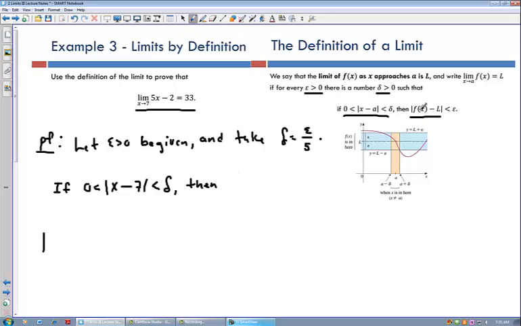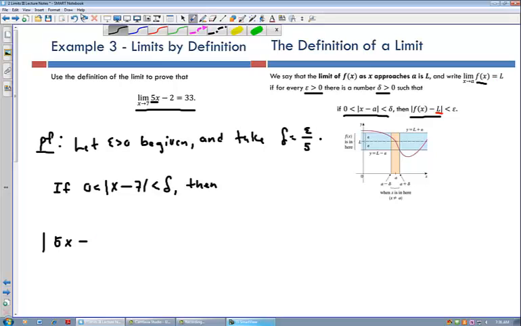Then I'm going to copy down this statement. So they have this f of x here. Now this is the f of x, and so my f of x is 5x. So 5x minus, and of course here's their L, so my L is 33. Oops, and I forgot the 2. That's going to be important because I'm looking at this, I'm saying it's not going to work, right?